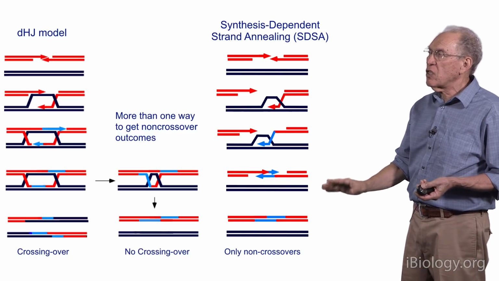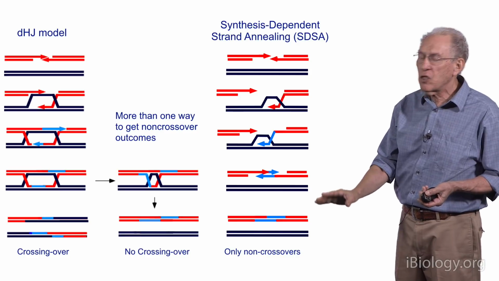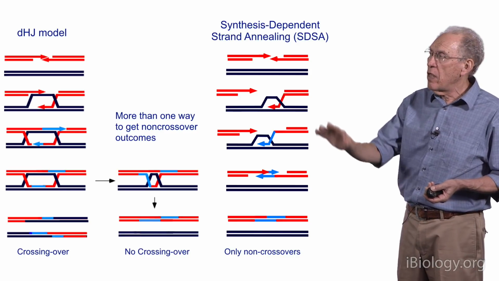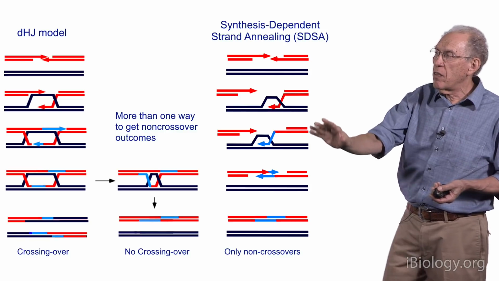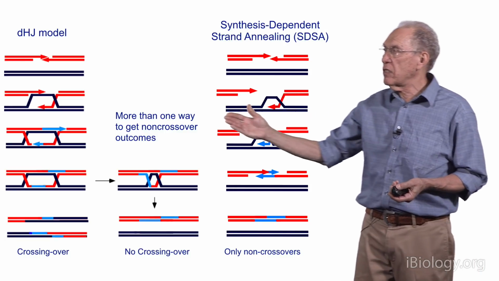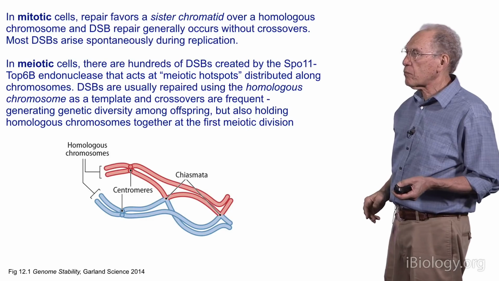The result of this is there never was a stable Holliday junction intermediate, and all of these events are resolved as non-crossovers. This mechanism turns out to be very important in mitotic cells. The second mechanism turns out to be much more important in meiotic cells.